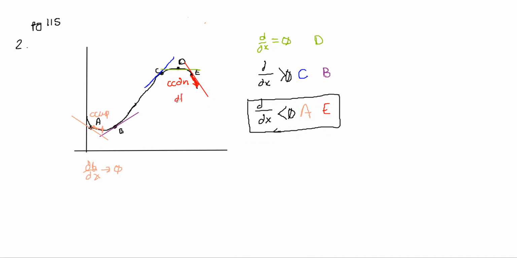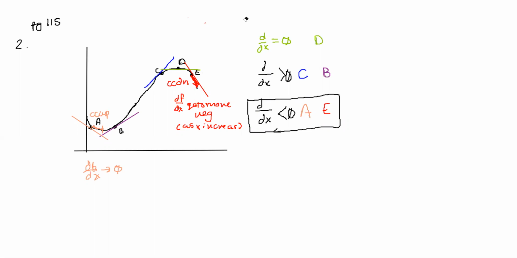Yeah, so the derivative of the function gets more negative as x increases. So the further we go along this function, the more negative it's going to get. You would have at this point something that looked maybe like this instead, so a more negative derivative.